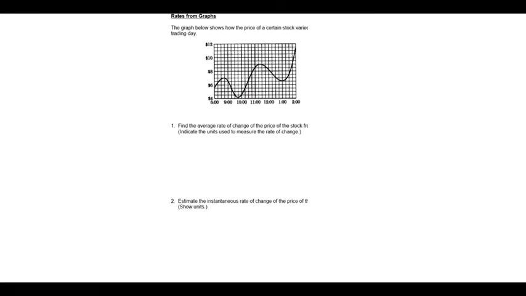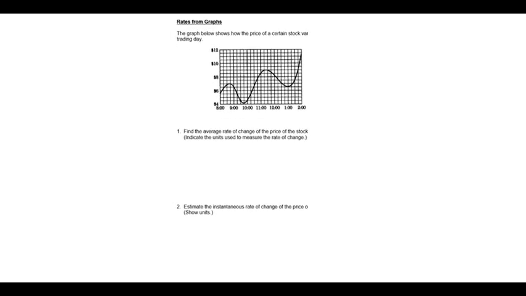So to find the rate from a graph, again, very similar to finding the slope of a graph. So the graph below shows how the price of a certain stock varied over a recent trading day. We have money or price over time.